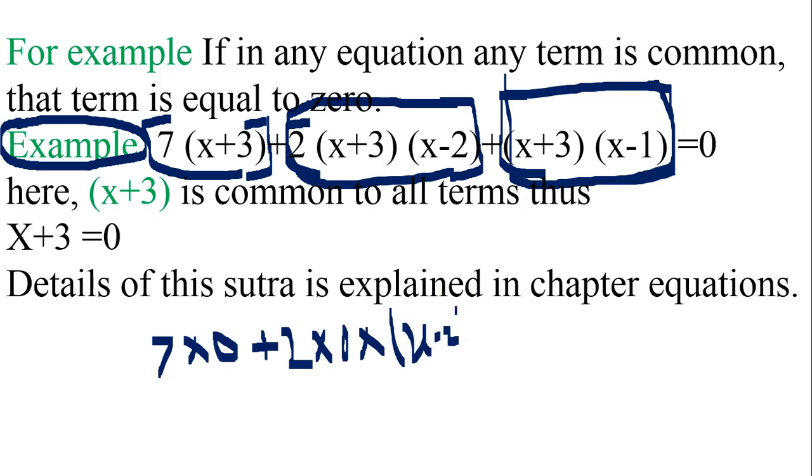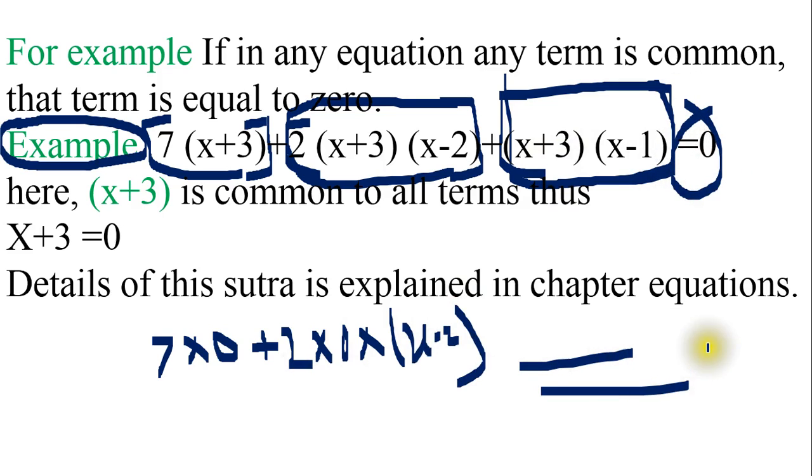If you multiply 0 with any number, that will be 0 only, so your answer will be 0 at the end, whatever the equation is, as long as you have a common term here.